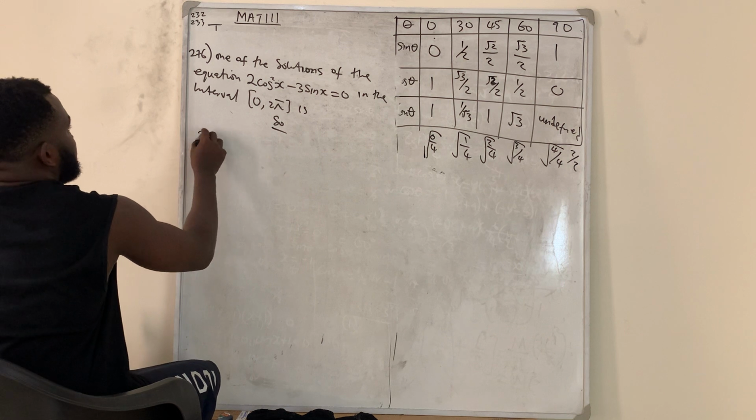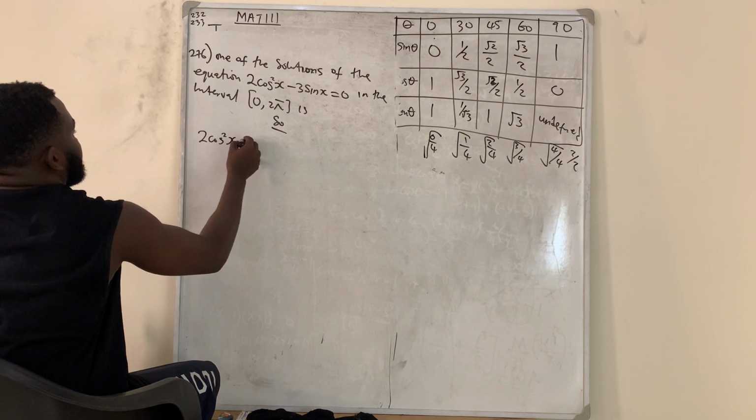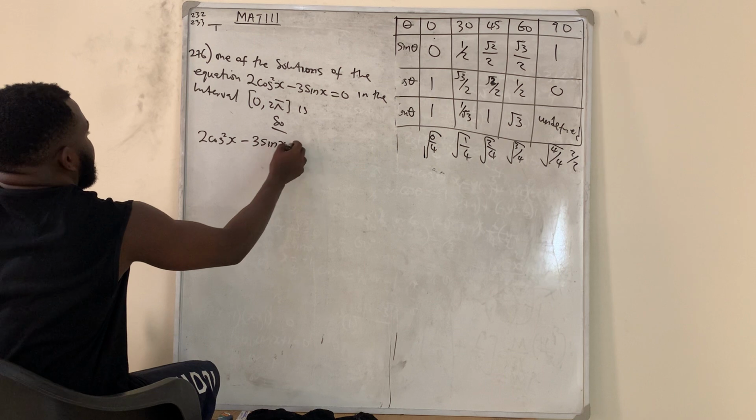Now they gave me 2 cos squared x minus 3 sine x is equal to 0.